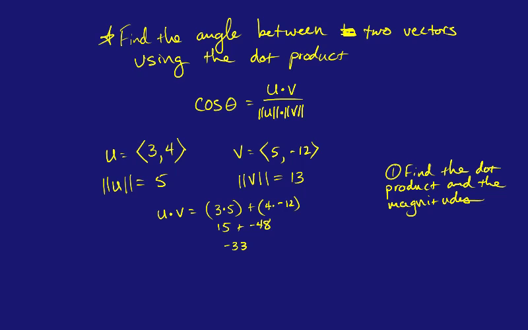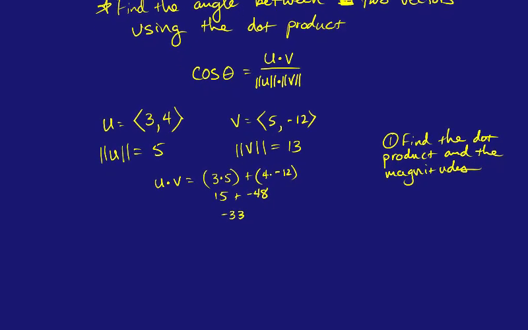Alright, so to use that formula, we're going to just set it up. So the dot product is -33. So cosine of theta equals -33 over the two magnitudes multiplied together. So 5 times 13. So we've got cosine of theta equals -33 over 65.